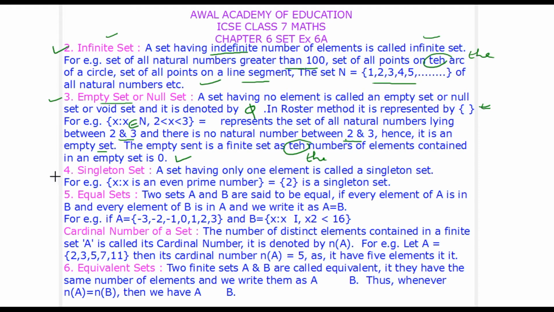Next we will move on to the singleton set. A set having only one element is called a singleton set, as its name represents, single.